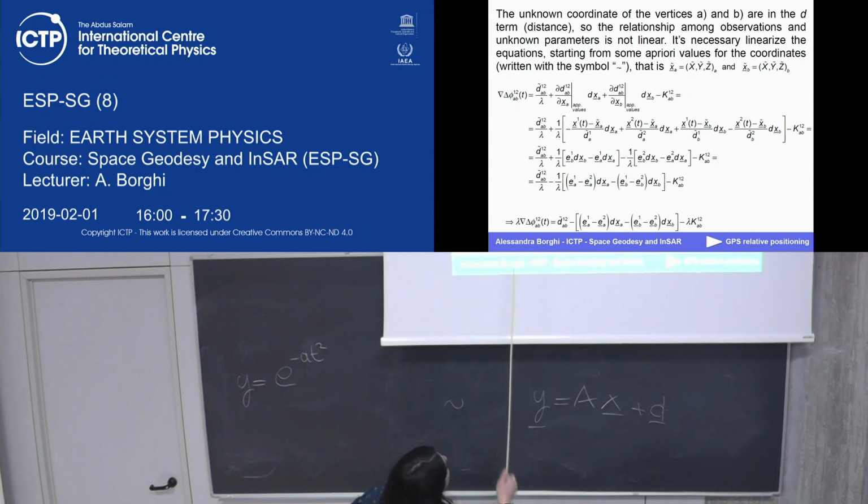And we compute this at the approximate values. And okay, it's quite easy to see how we can obtain this relationship. Have you got any problem? I think no.